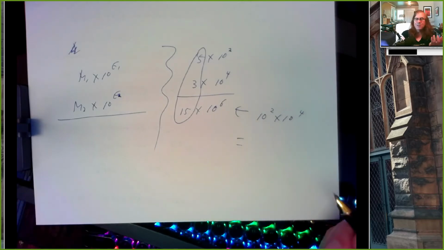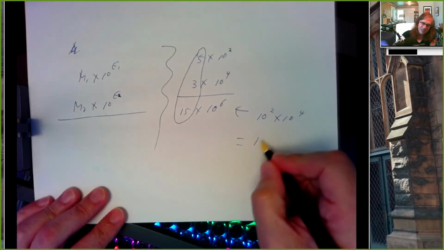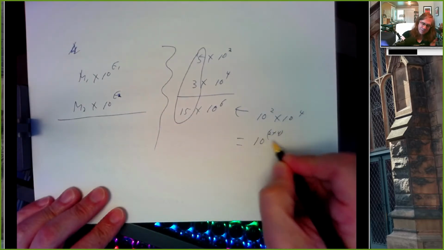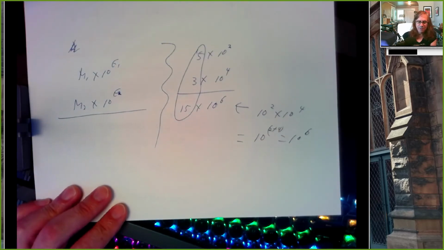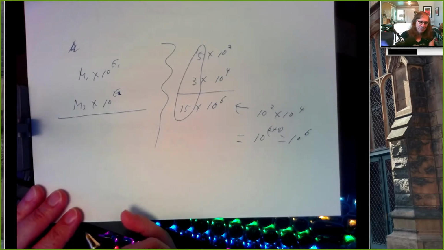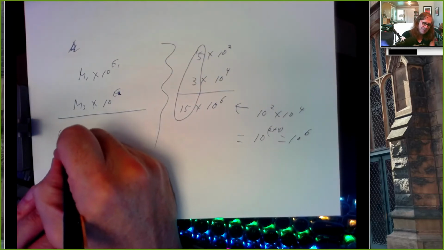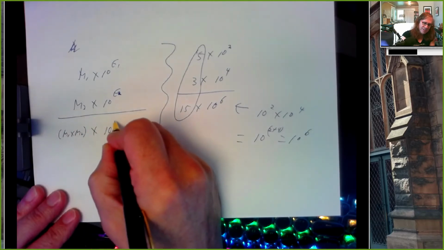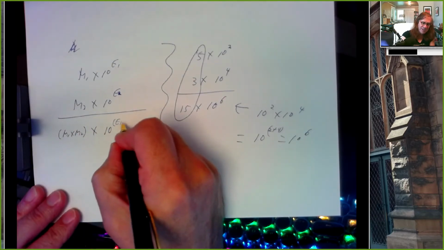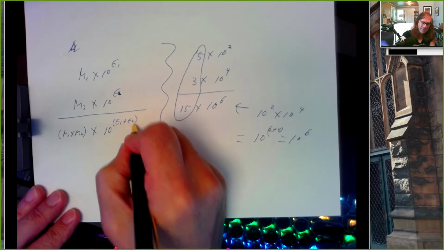But there's this thing called the law of exponents, which says this is 10 to the 2 plus 4, which is 10 to the 6th. So a general rule for this would be I would get m1 times m2, multiplied by 10 to the exponent 1 plus exponent 2.